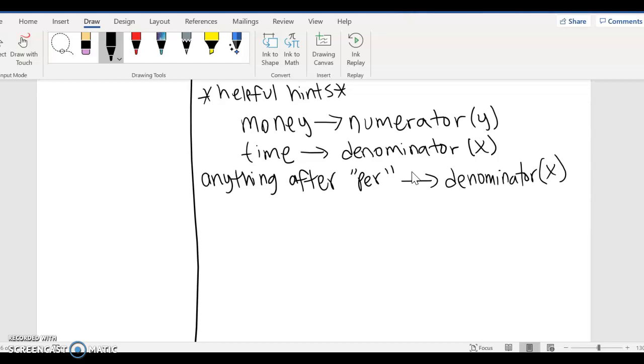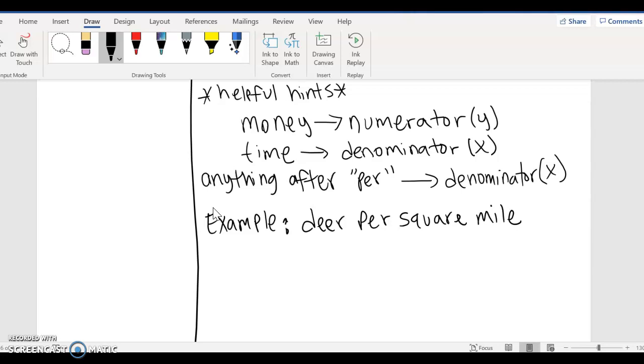Okay, so we're going to do an example about the amount of deer that were observed per square mile. As you can see here, we're talking about deer and miles. I don't have money and I don't have a measurement of time. But what I do have is the word per.